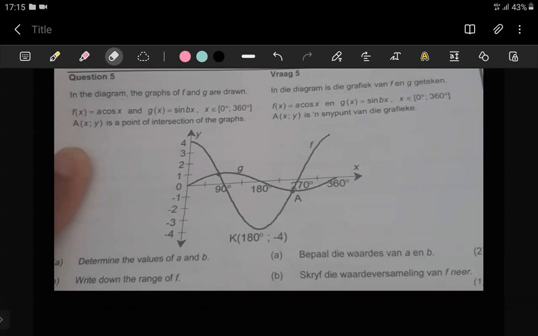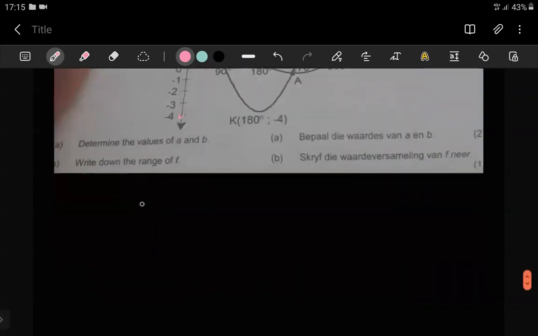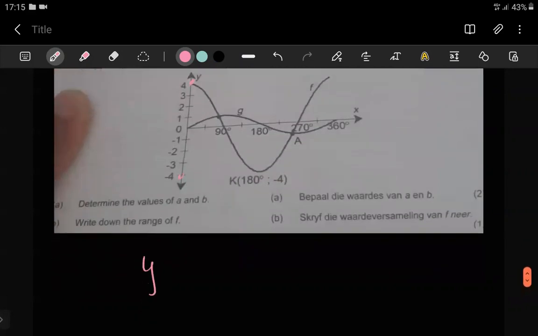Remember, when you get the range, the way you give your answer is based on what you prefer. The range is just a matter of asking what's the highest value that the graph goes to, what's the lowest it goes to. So it goes to 4 and -4. You can say y is smaller or equal to 4, or y is bigger or equal to -4.